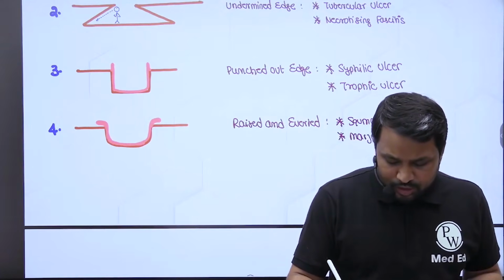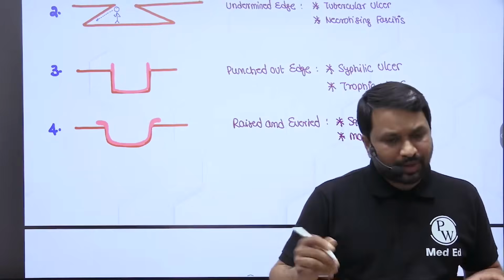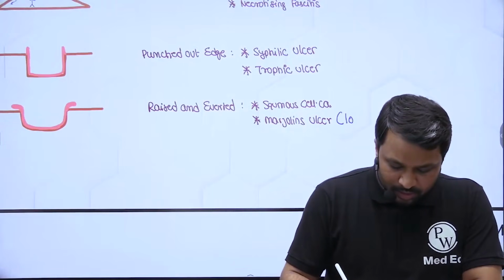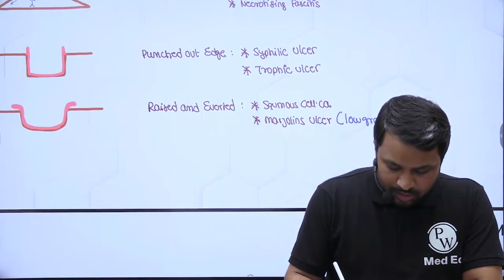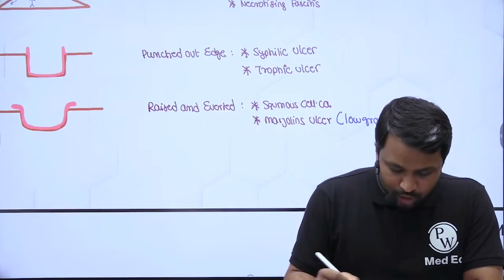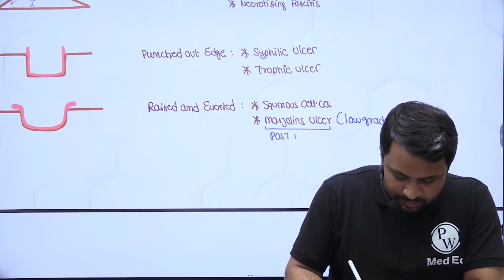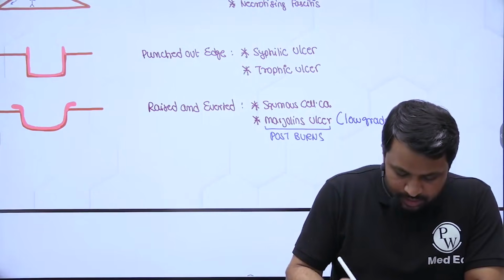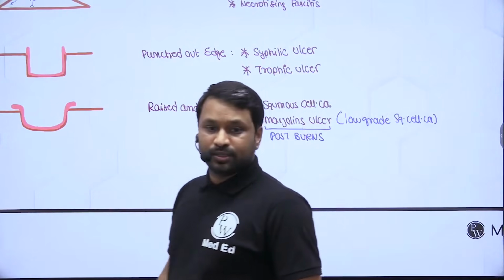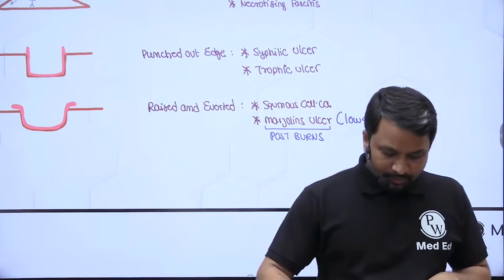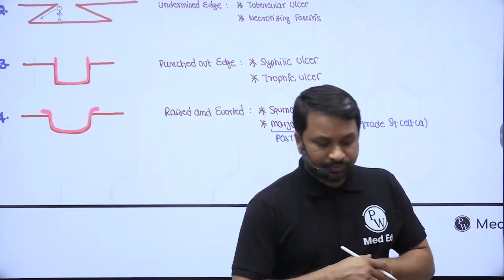Remember, Marjolin's ulcer is nothing but a squamous cell cancer, but if you want to be more precise, we call it a low grade squamous cell cancer of the skin, usually seen post burns. So this is what we call a post burn ulcer.